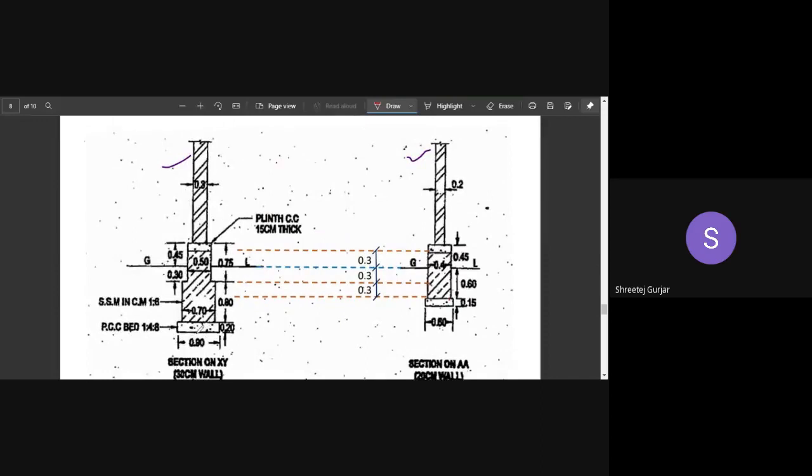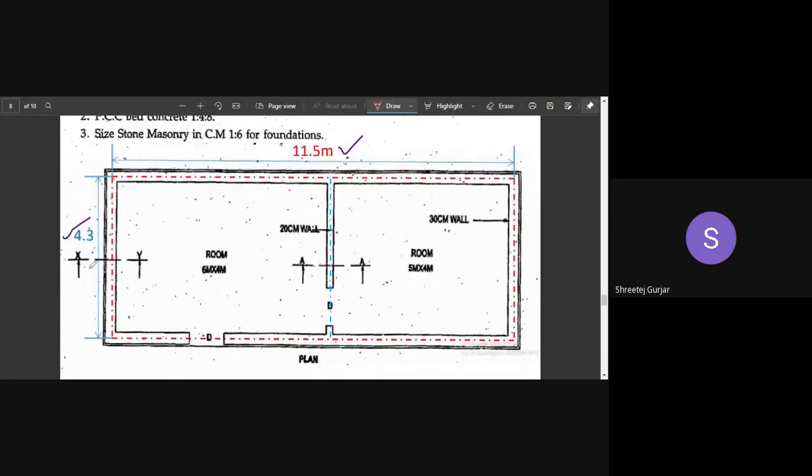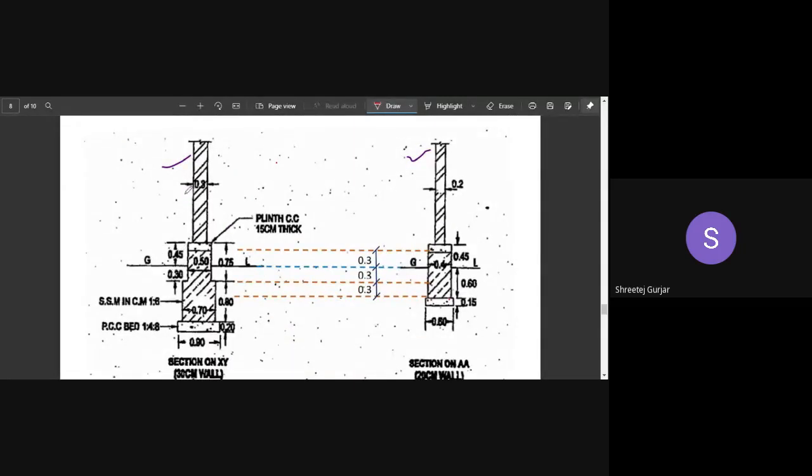So the section of your 30 centimeter wall, the XY section. Coming from the bottom, this is your ground level. From ground level up to your foundation level, how much depth is required for the foundation?